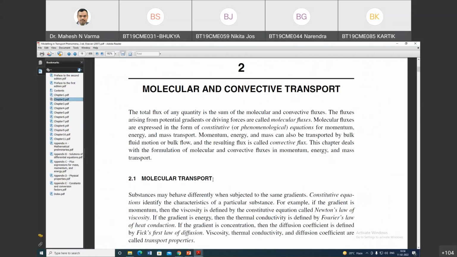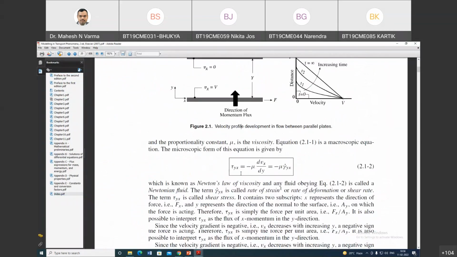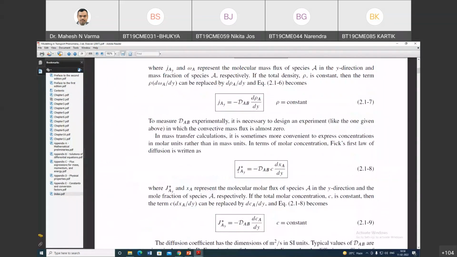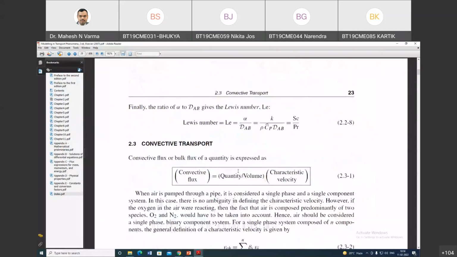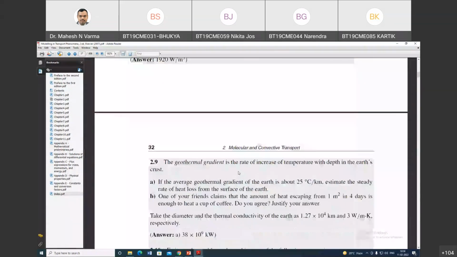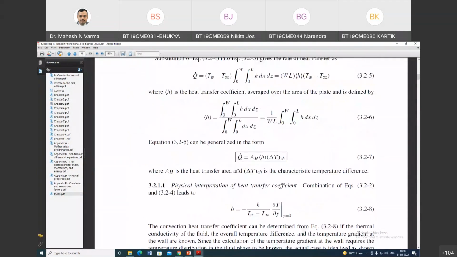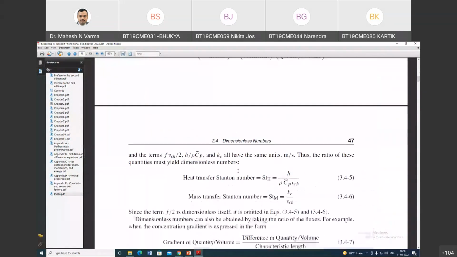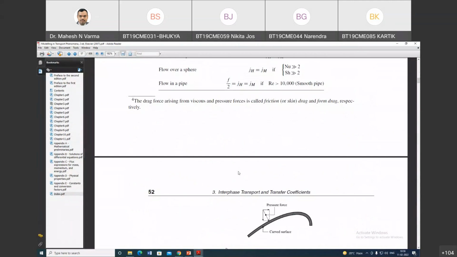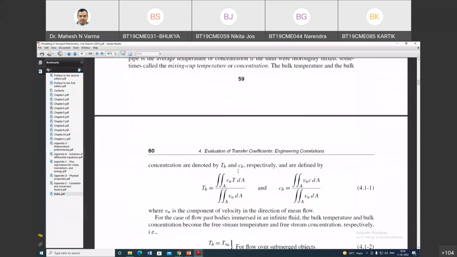Chapter number 2 we have covered as it is, and chapter number 3 we have covered as it is: the molecular flux and dimensionless numbers. Then interface flux and dimensionless numbers, and these analogies are given here. Then chapter number 4, engineering correlation, we have also covered.